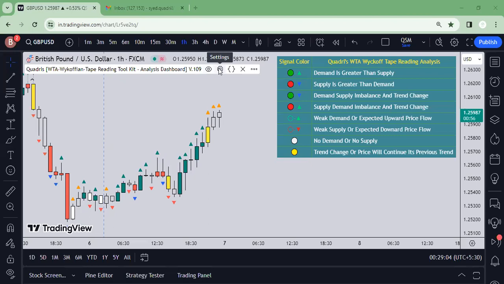Previously, you people were able to see these signals. I've changed the signals. Previously, the top and bottom were visible.